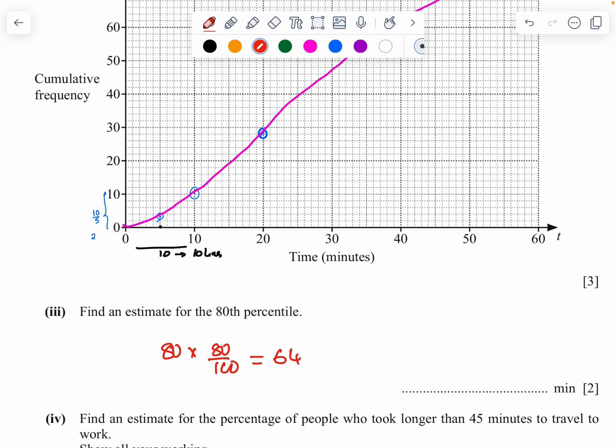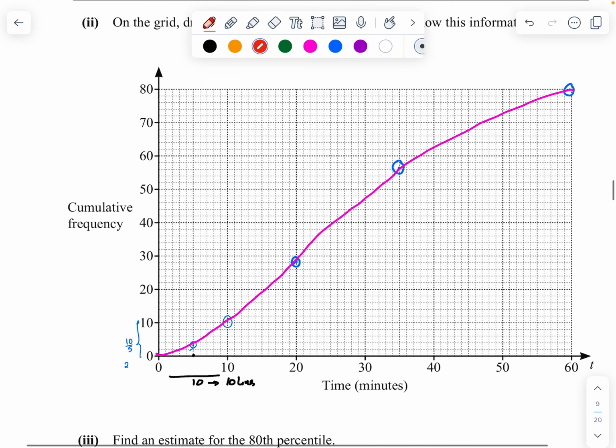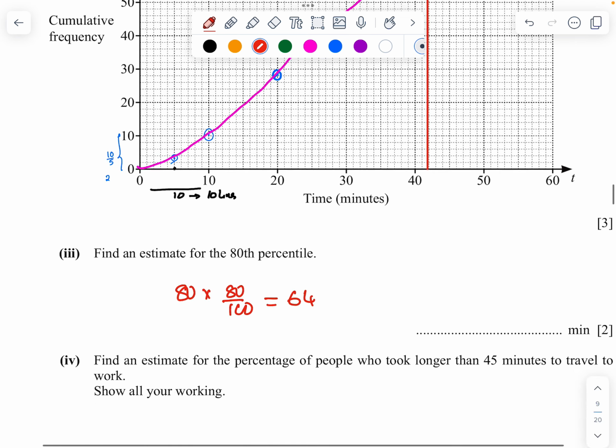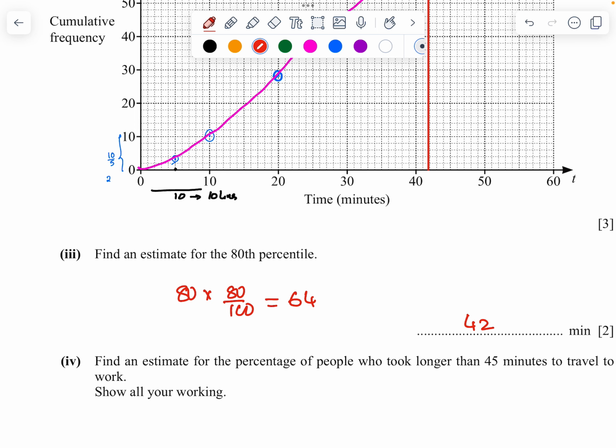So 64 is a cumulative frequency. Draw the line from 64, hit the graph, and drop it down. It's going to be approximately 42 minutes.